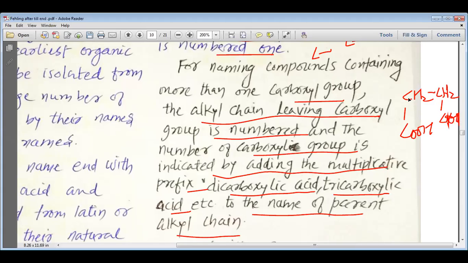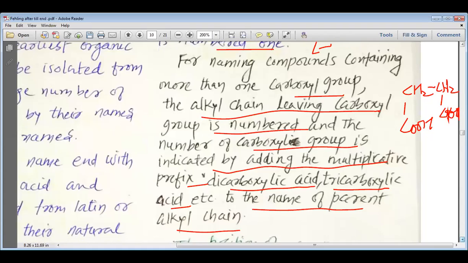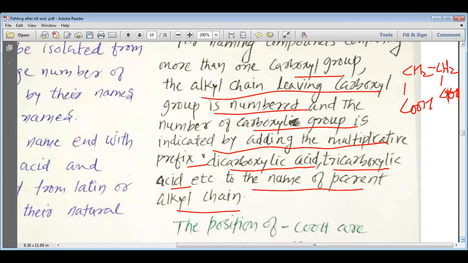So we can use this prefix, like ethane dicarboxylic acid, or propane tricarboxylic acid, or propane 1,2,3-tricarboxylic acid, ethane 1,2-dicarboxylic acid, my dear students.